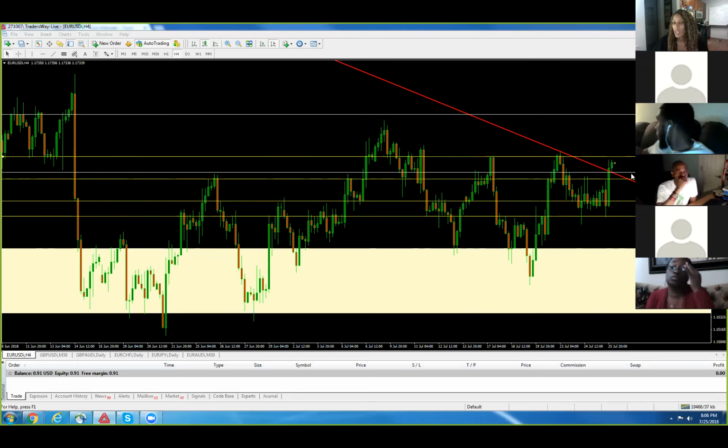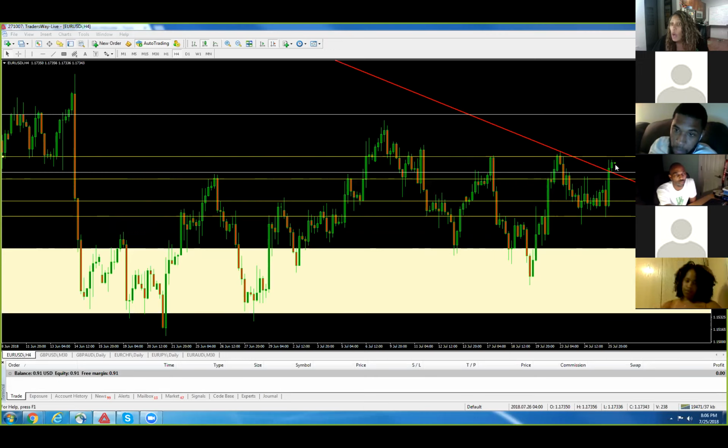Wait for it to break. Wait for it to break above and retest. Above what? Above the resistance. Okay, which one? This yellow 4-hour, right? Yes. Correct. So now we would wait for price to go above the yellow resistance and break it. It would now create a support, right?